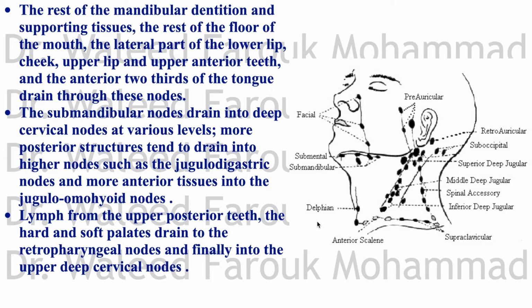And lymph from the upper posterior teeth, the hard and soft palates, drain into the retropharyngeal lymph nodes, and finally into the upper deep cervical lymph nodes. So this is the lymphatic drainage of the oral cavity.